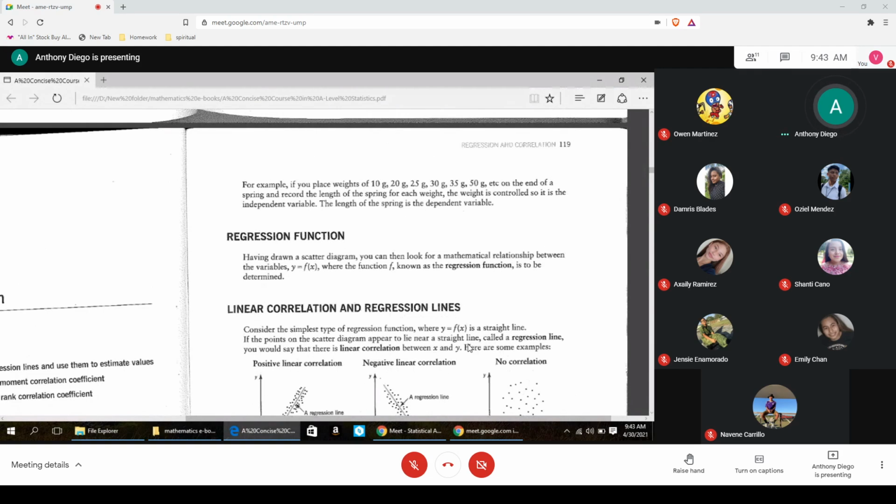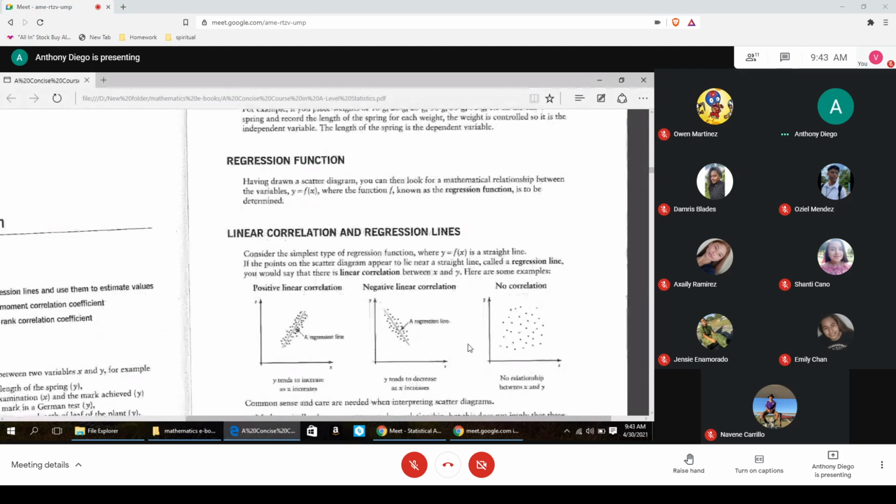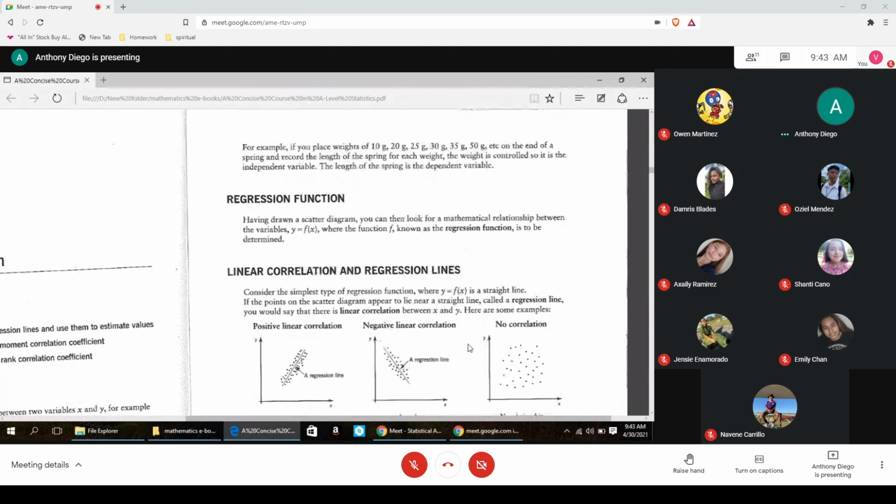And here in this case, it said, for example, if you place weights of 10 grams, 20 grams, 25 grams, 30 grams, 35 grams, 50 grams, etc., on the end of the spring and record the length of the spring for each weight, the weight is controlled, so it is the independent variable, and the length of the spring is the dependent variable, because in that case, the length is depending on the mass that is being attached to it.